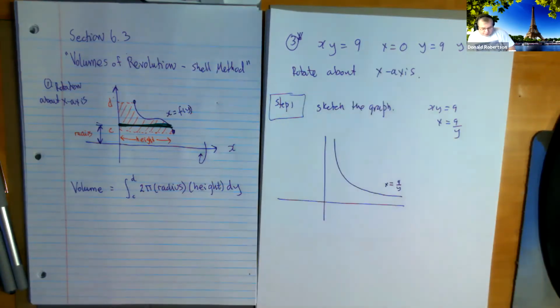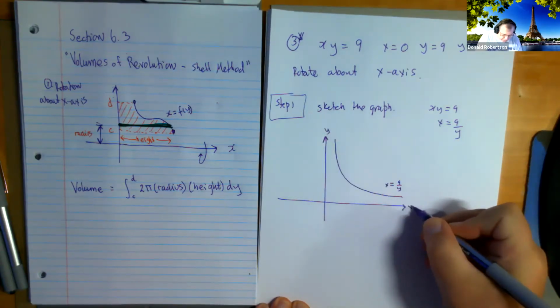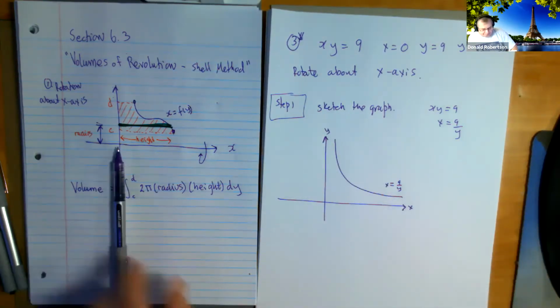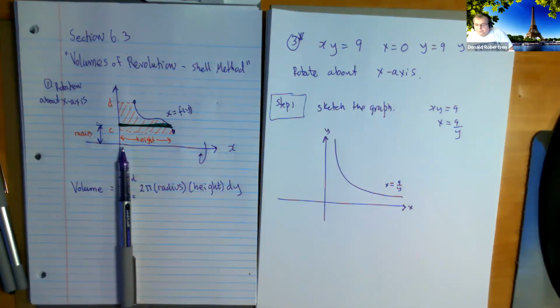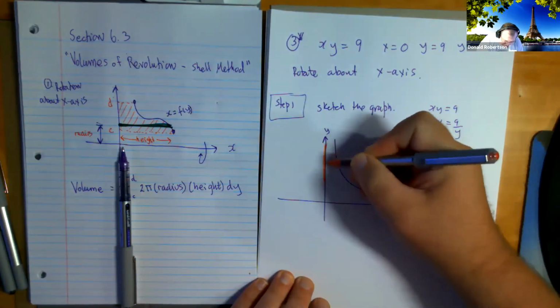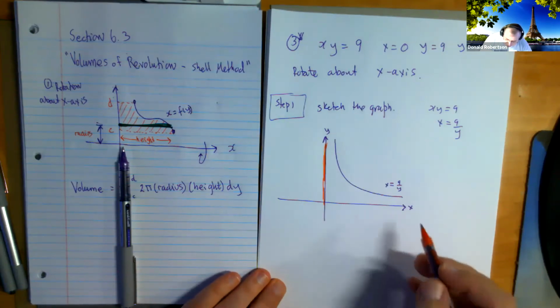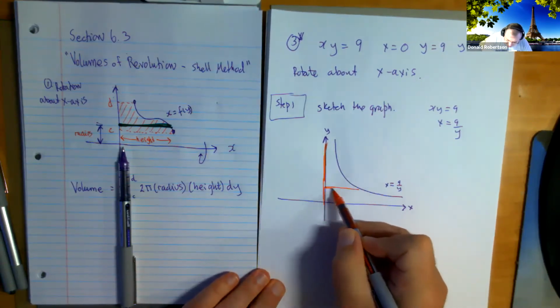X equals 0. Which axis is x equals 0? The x or the y? You get a 50-50 chance of guessing. It's the y-axis, right? So we've got the y-axis. And then if I plug in y equals 9, can we pretend that y equals 9 is here?